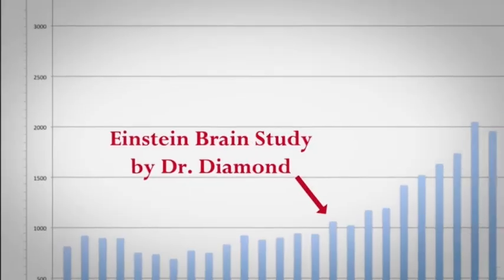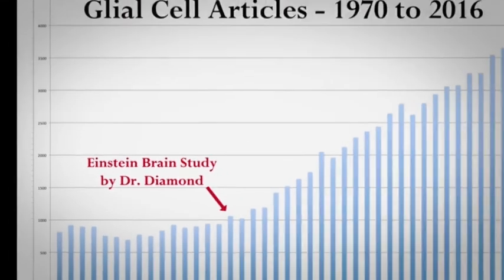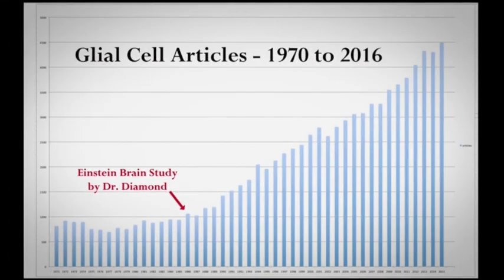Well, now we realize that these glial cells, including the glial cells that Marion found in Einstein's brain, are doing more than support functions, including cognitive functions, roles in memory, roles in critical aspects of brain function. And so really the finding in Einstein was one of the first to herald the current renaissance in our study of glial cells and their importance.